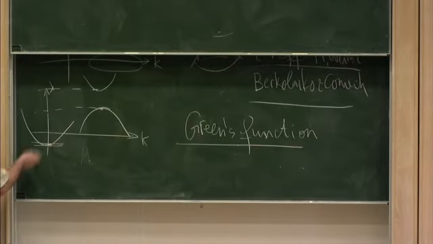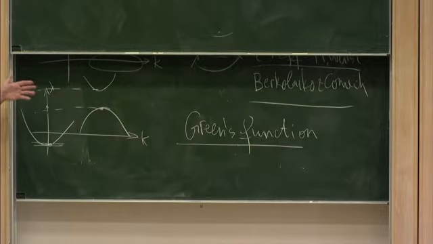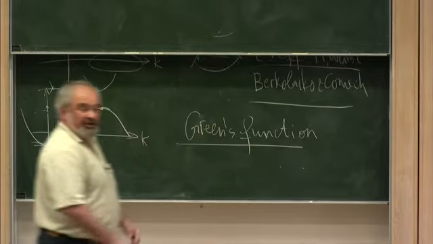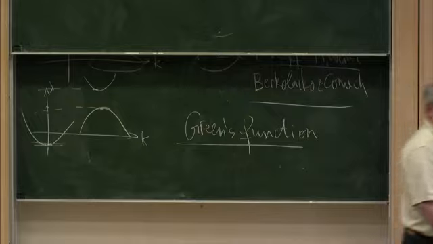This is a gap in the spectrum, and you're somewhere here, and you look at the Green's function, which is the kernel of the resolvent. It's a very standard thing to obtain estimates depending on the distance to the spectrum, and it gives you exponential decay of the Green's function. The further away from the spectrum you are, the faster it decays.